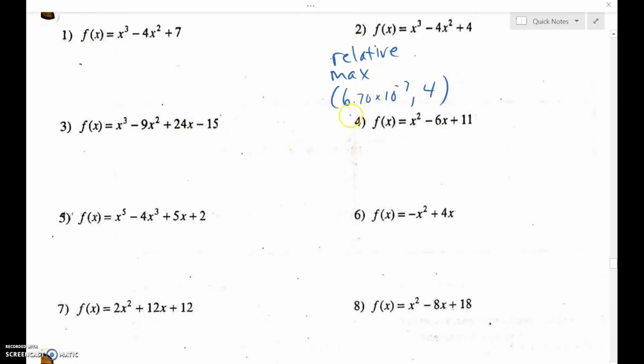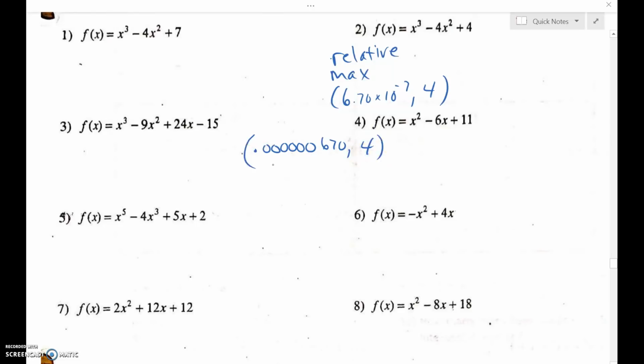All right, so that's going to be moving this decimal place to the left 7 places. So that's going to be 1 left in front of 6, and then there's going to be 6 more places to move, so that's going to be 6 zeros in front of this. So 0.00000670, comma 4 would be the relative maximum.